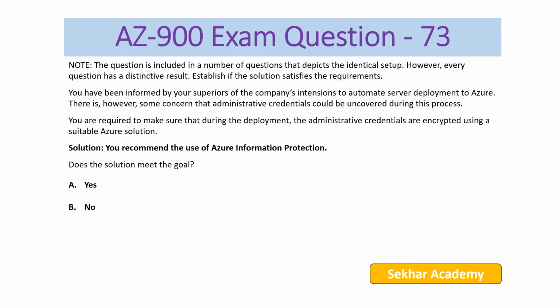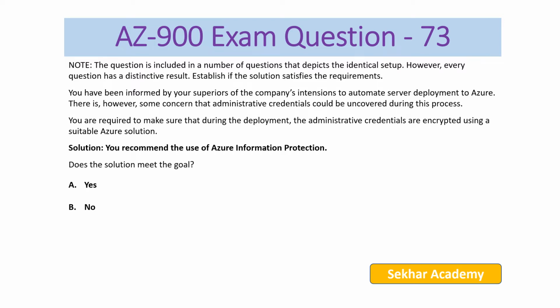AZ-900 exam question number 73. Note, the question is included in a number of questions that depict the identical setup. However, every question has a distinctive result. Establish if the solution satisfies the requirements. The question starts from here. You have been informed by your superiors of the company's intentions to automate server deployments to Azure.